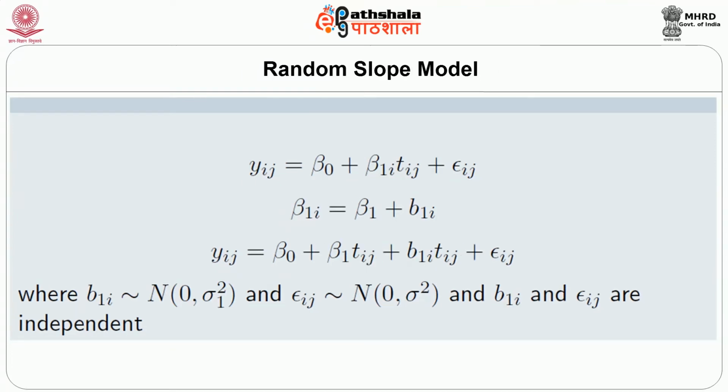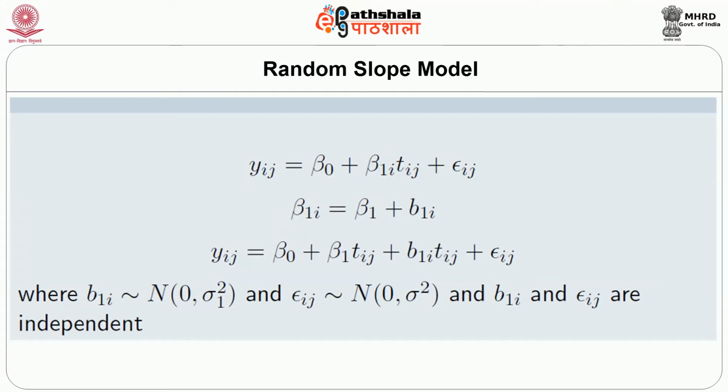We can have a similar explanation for the random slope model. So here what we can think is that all the individuals have more or less the same intercept, but the slopes are different for each individual. So I can say y_ij equals beta_0 plus beta_1i T_ij plus epsilon_ij, and note the use of the suffix i in beta_1. So beta_1i means the ith subject specific slope, and the ith subject specific slope can be decomposed into two parts.